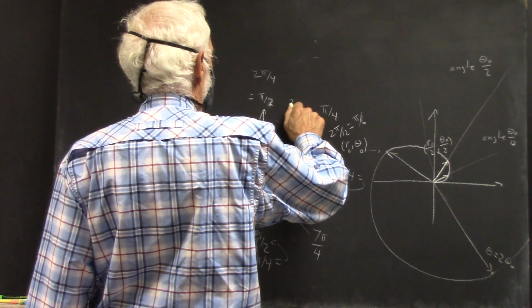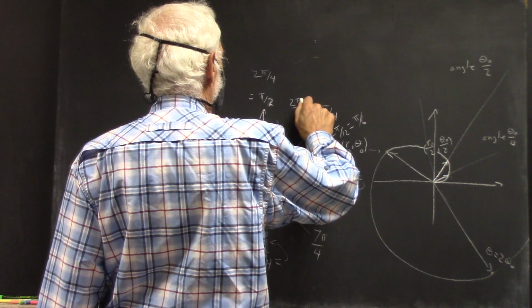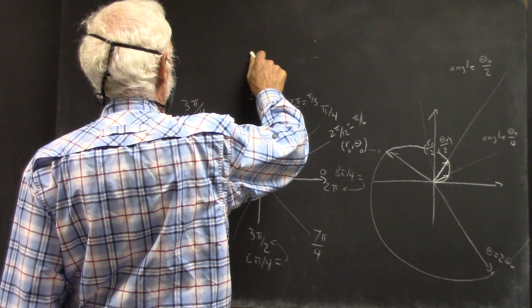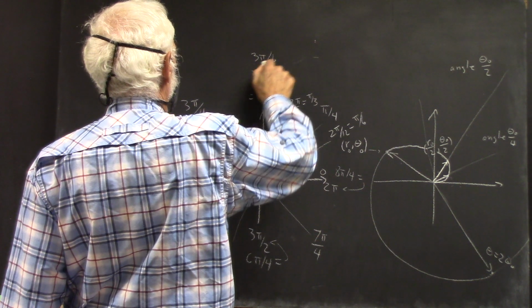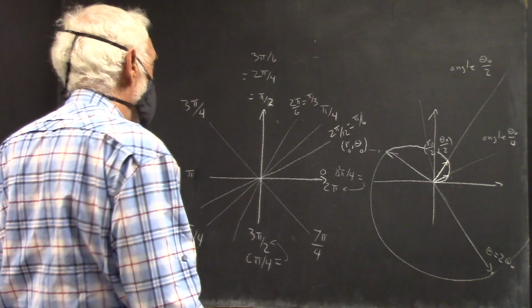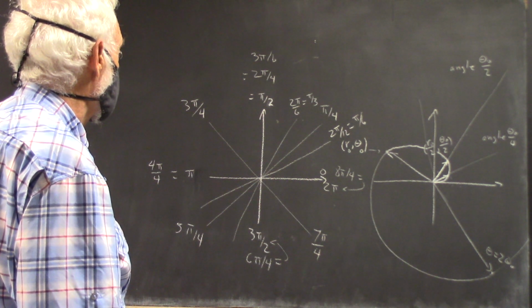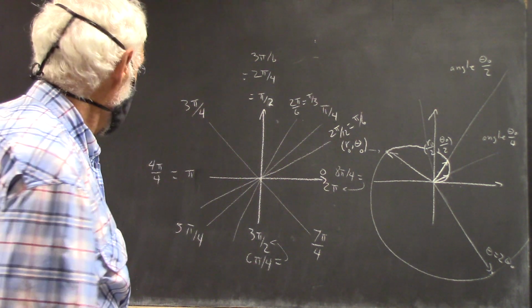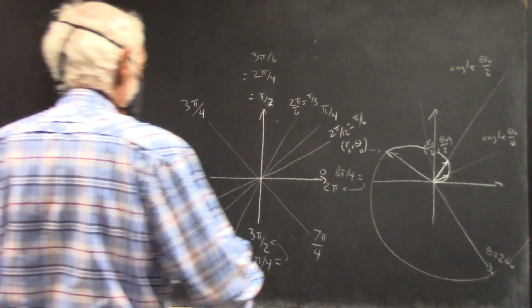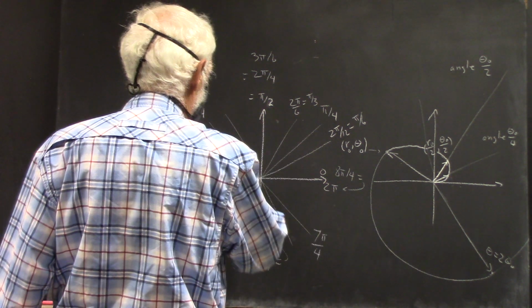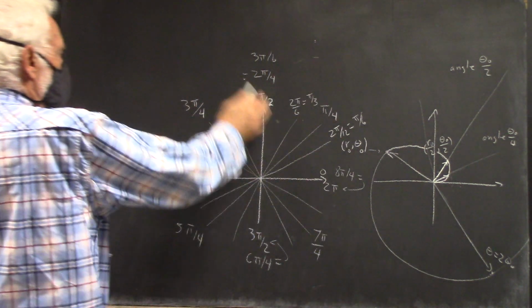And then this is 2 pi over 6, which reduces to pi over 3. And this is 3 pi over 6, which is equal to 2 pi over 4, which is equal to pi over 2. Okay? Then we got the same thing over here. And you just go around the circle.